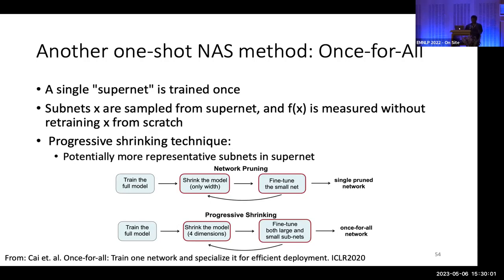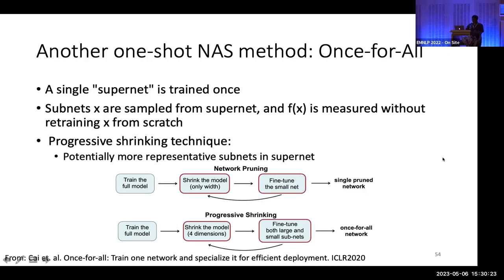And then once you've trained it, you just sample subnetworks from it. And each sample is basically what you search over. The idea is that if you can train a super network, then most of your work is done. But it's actually a little bit more complicated.